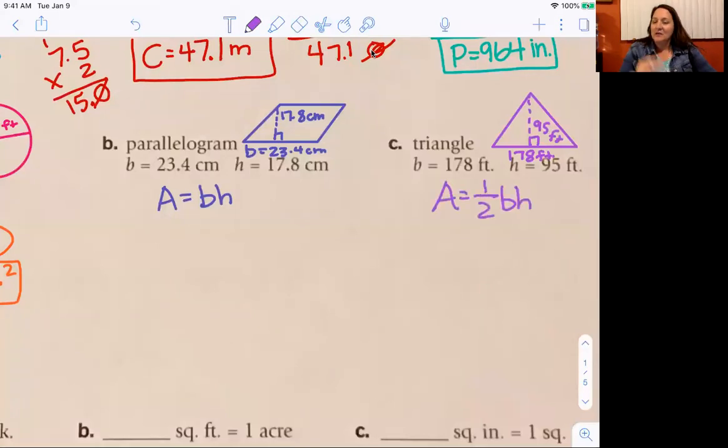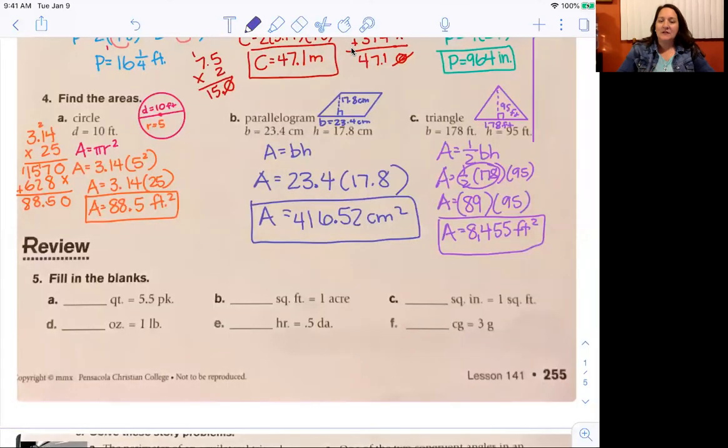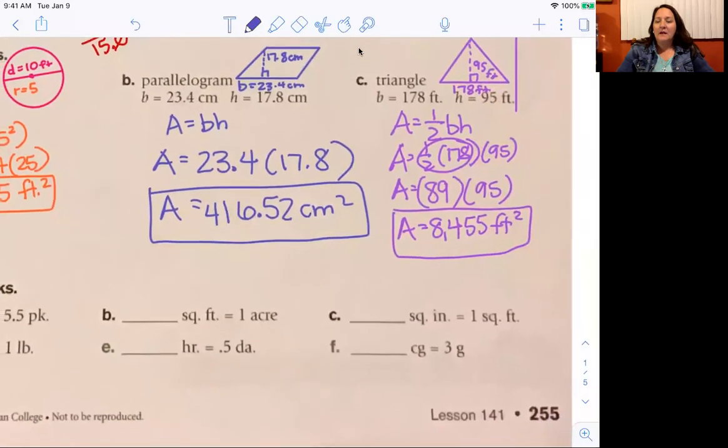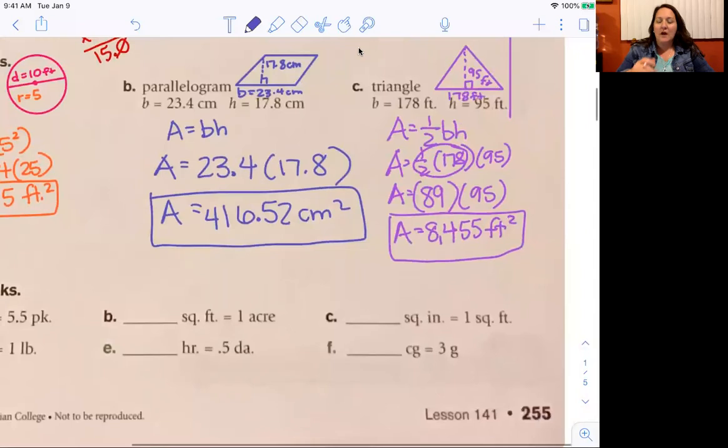So you're going to take those two formulas, plug in the numbers they've given you, figure out what your answer is, and come back. Okay, let's look at B and C. For B, you should have gotten 416.52 square centimeters and C, 8,455 square feet.